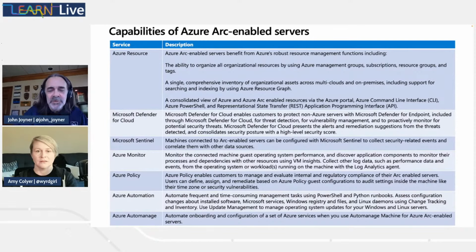Okay, so we've got Defender for Cloud, fantastic integration. Defender for Cloud for servers delivers Defender for Endpoint. It delivers the Qualys Vulnerability Agent. It delivers adaptive application and network hardening.